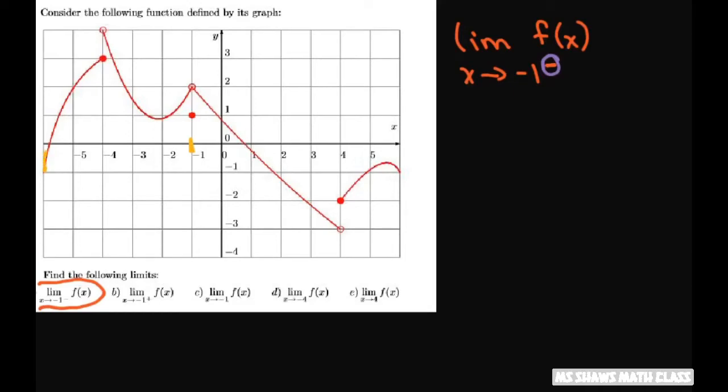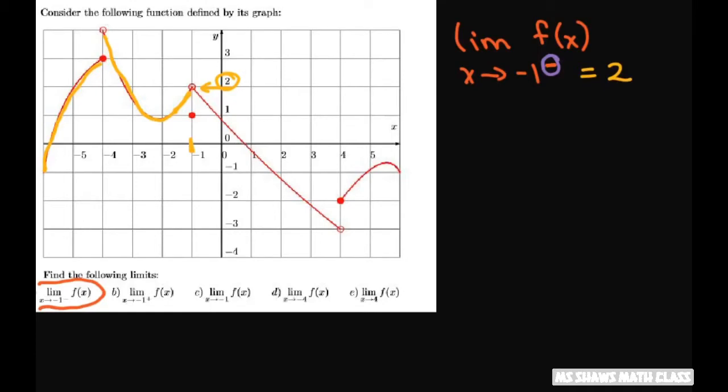You start from the left-hand side, you go up here, you jump up to this part, come down to here, and you go to -1. Now, it doesn't have to equal it. It just means you reach your destination. So when you get closer and closer as it approaches, you're getting closer and closer to 2. So that equals 2.